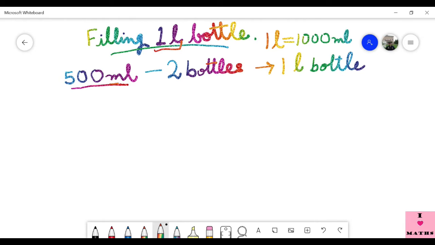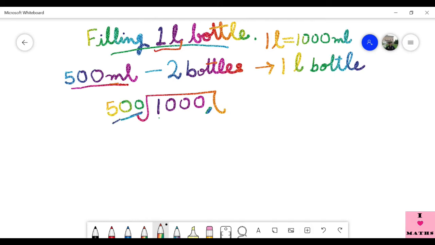But if we want to find it out mathematically, then we will divide 1000 by 500. Since we have to fill up a 1000 milliliter bottle with 500 milliliter bottles, so we are going to divide 1000 by 500.